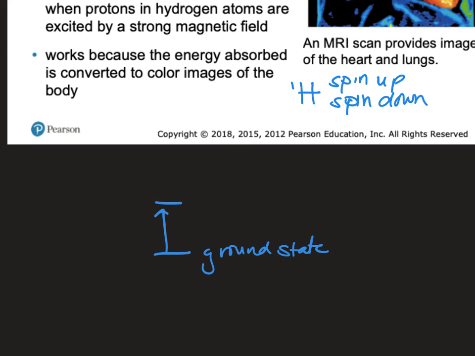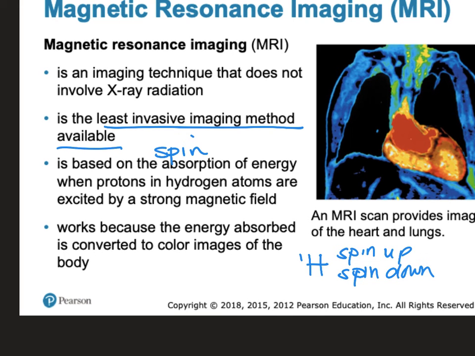So here we are looking at the absorption of radio waves in the presence of an external magnetic field. So once this energy is absorbed, that change, that excitation, can be measured by these stimulated nuclei.